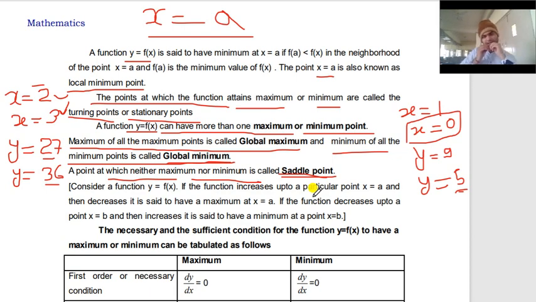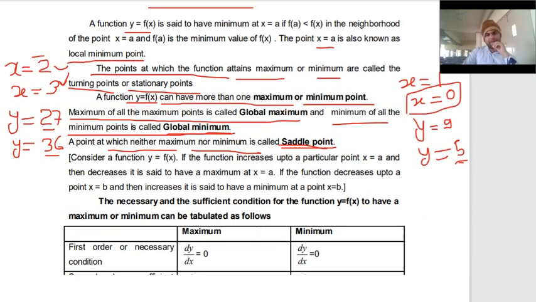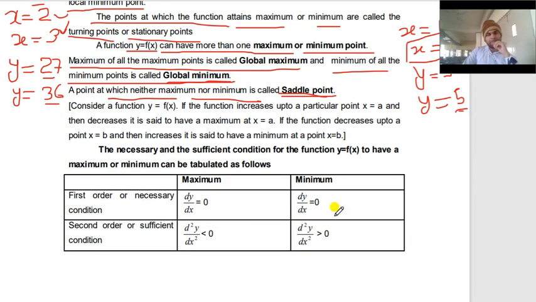How we can calculate whether the function is maxima or minima is described in the table. Firstly, we have to calculate the first derivative of the function, dy/dx.